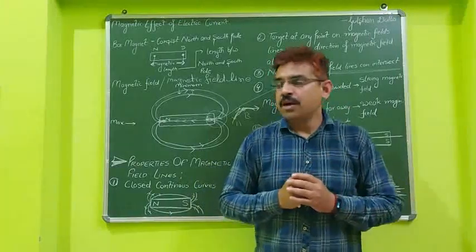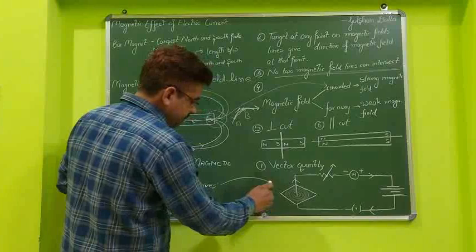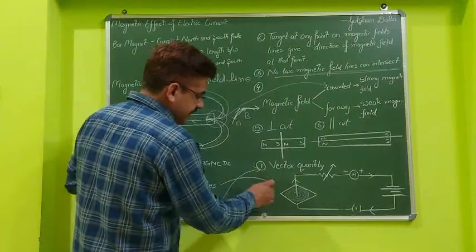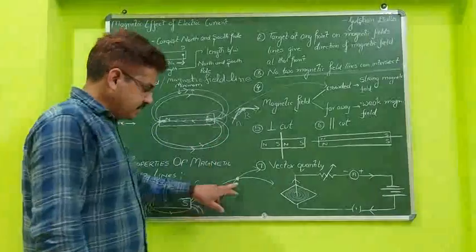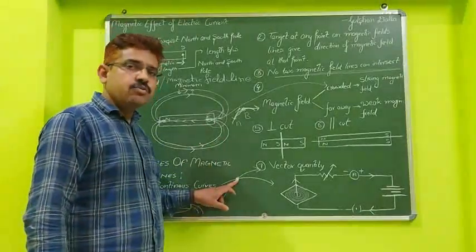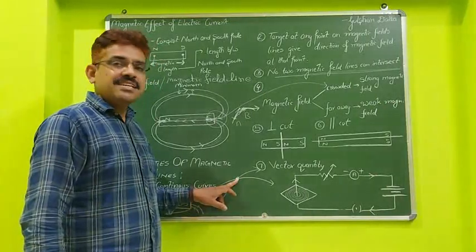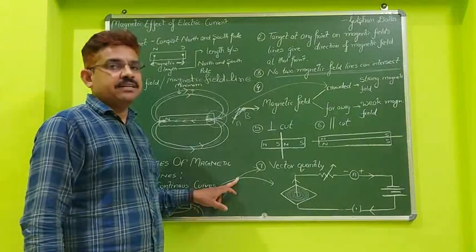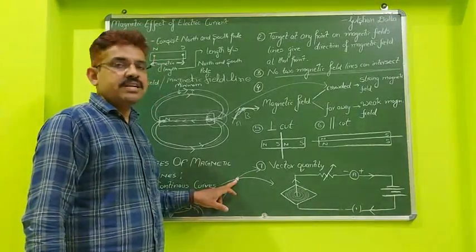Similarly, if two magnetic field lines are there, this is the first magnetic field line and this is the second. If they intersect each other, it means there are two tangents, two directions, and two magnetic fields. But at a single point, it is not possible for two tangents to be there. At a single point, only one tangent will be there.